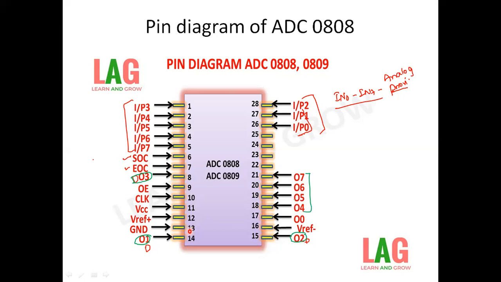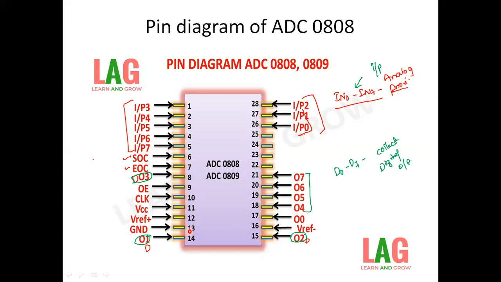So these are the output pins. The input we are giving as analog signals by making use of IN0 to IN7, and D0 to D7 are the pins where we can collect the digital output.